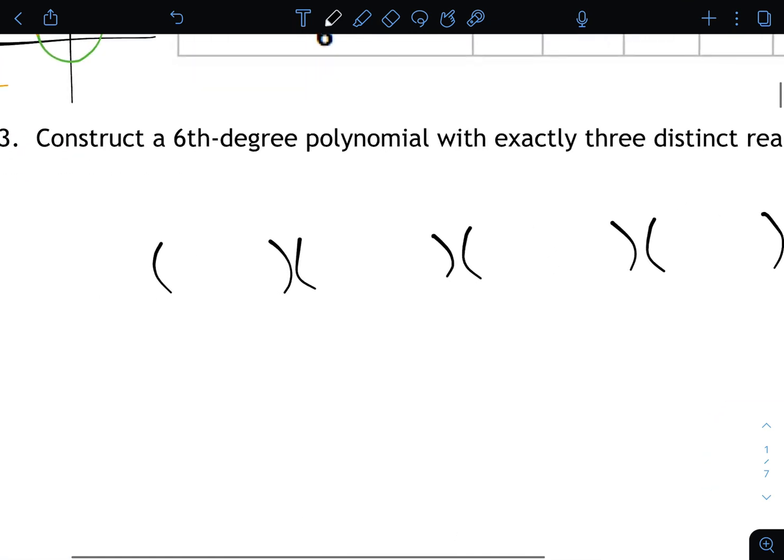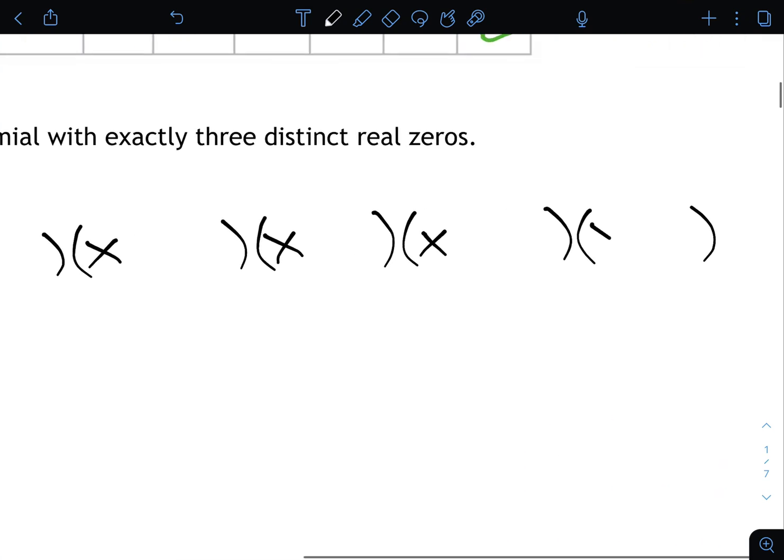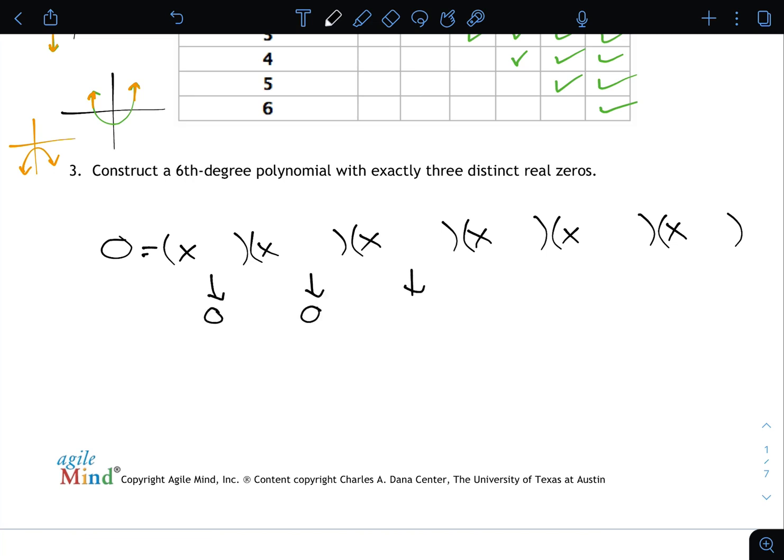Because if I have x in each of these, and I need 6 x's total because it's 6th degree, if I set this equal to 0, I know that if any of these groups is 0, then the whole thing is 0.